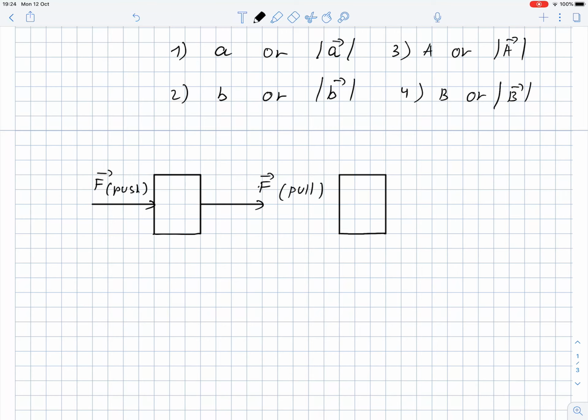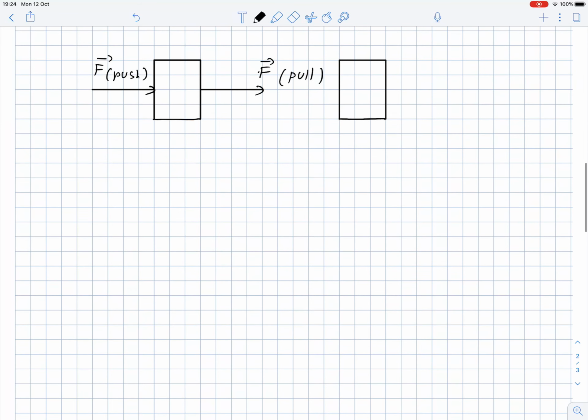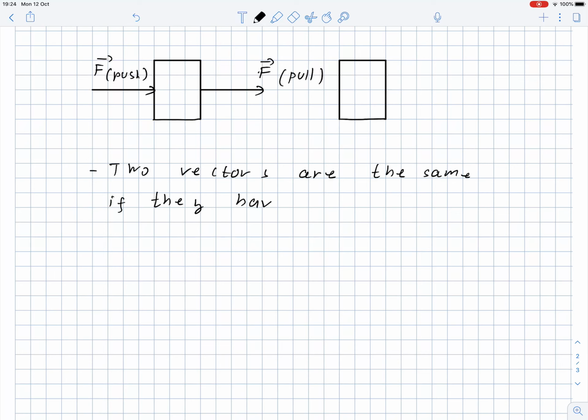Now, when can we say that two or more vectors are the same? If they have, one, the same type.